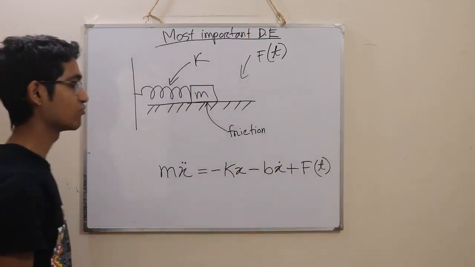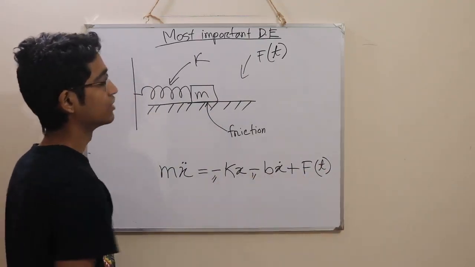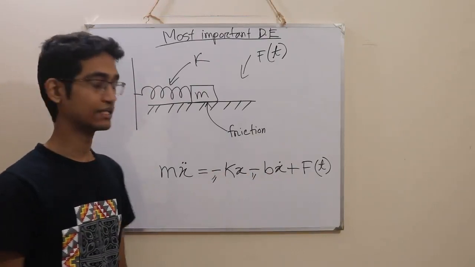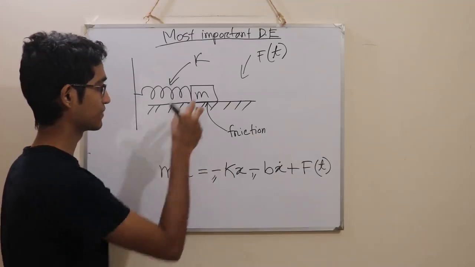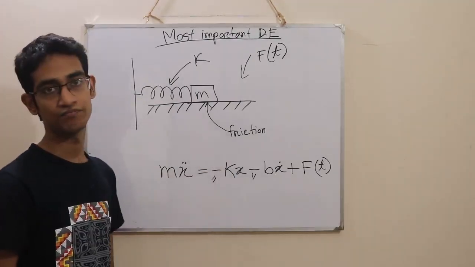Now you might ask why we have taken negative here, and we are not taking negative here. We have taken negative here because we already know that the forces acting on the body will be on the opposite side of the displacement.